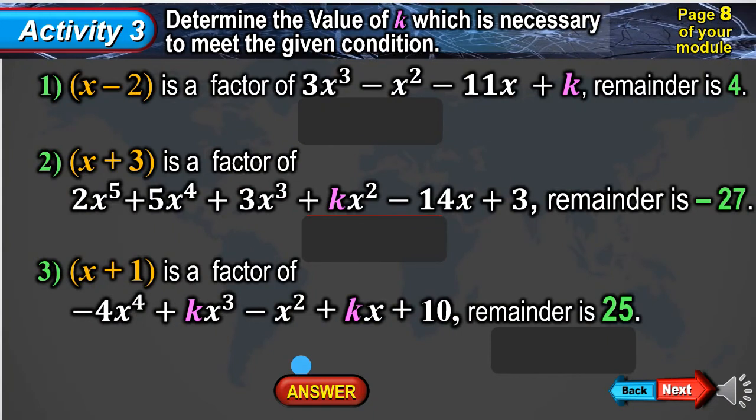Activity number 3. Determine the value of k which is necessary to meet the given condition. So number 1, x minus 2 is a factor of 3x cubed minus x squared minus 11x plus k, when the remainder is 4.